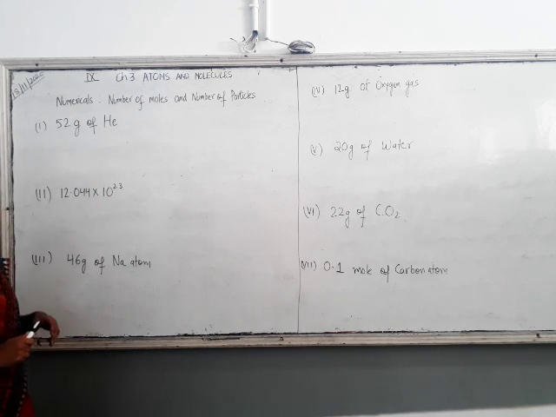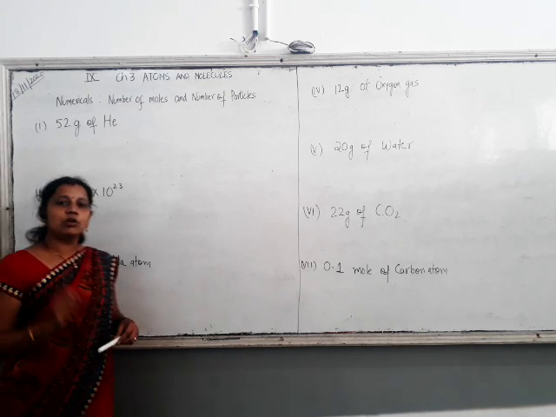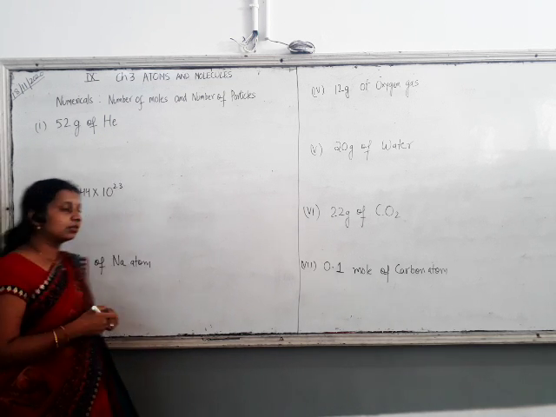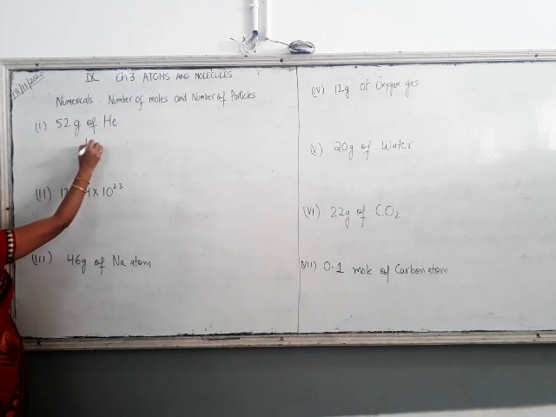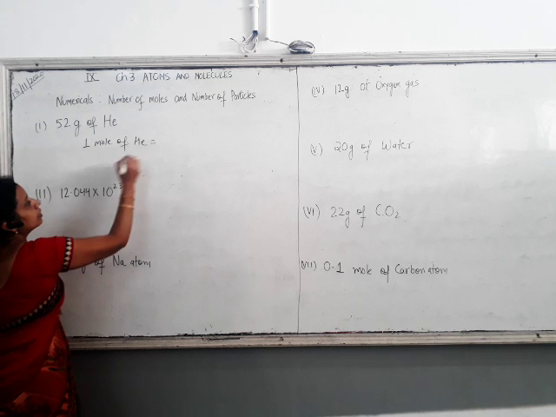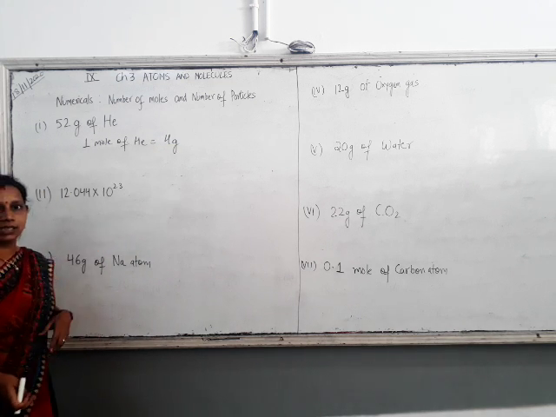You have to find the number of moles in 52 gram of helium. Now the atomic mass of helium is 4 units or 4 gram. So you know 1 mole of He means 4 gram, right? This is your atomic mass.